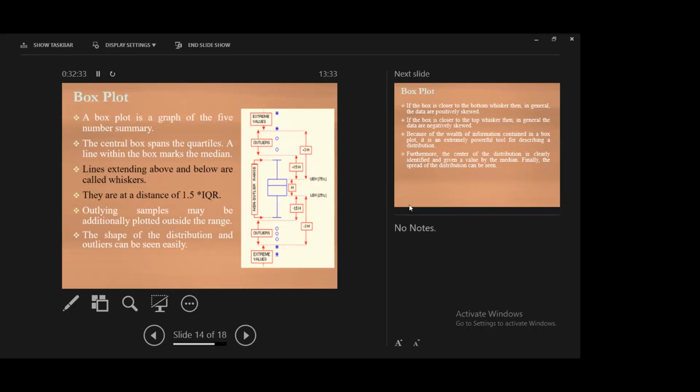If the parent population from which the sample is drawn is not following a normal distribution, then we should not apply these tests and should go for the corresponding non-parametric tests. Right? So that is why checking for normality of data is one of the most important things when we perform exploratory data analysis.